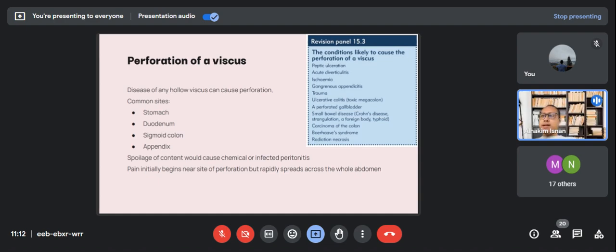Why you can have gangrenous appendicitis is where the gangrene? Senang dapat gangrene. What is gangrene? Function of the organ. Patuh. Ya ke? Patuh.